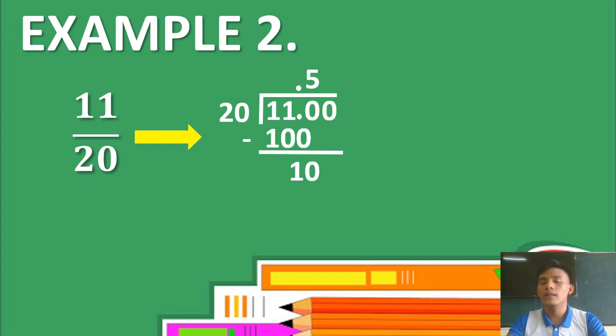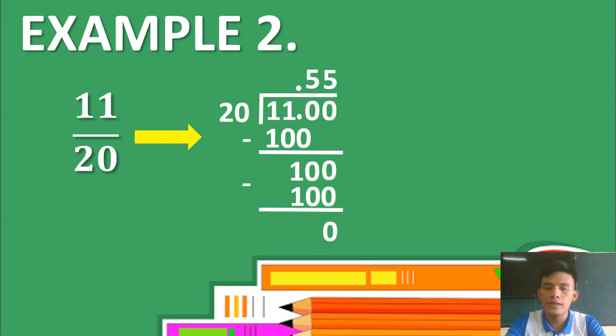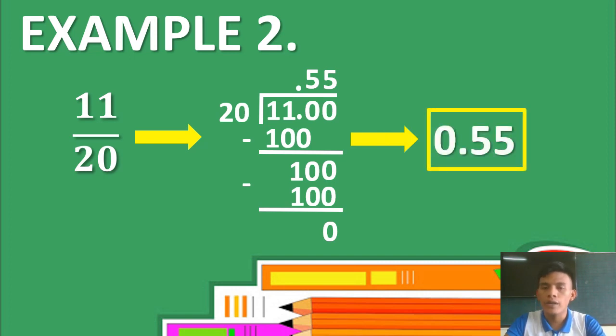Then we need to add 0, and that makes 100. 100 divided by 20 is 5. 5 times 20 is 100. 100 minus 100 is 0. And our answer is 0.55.